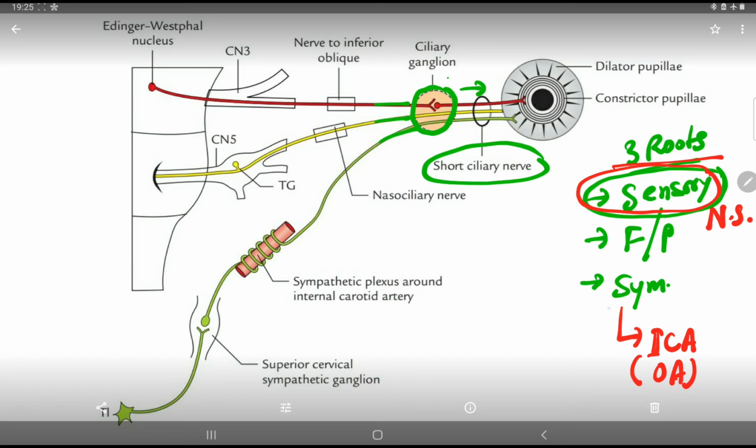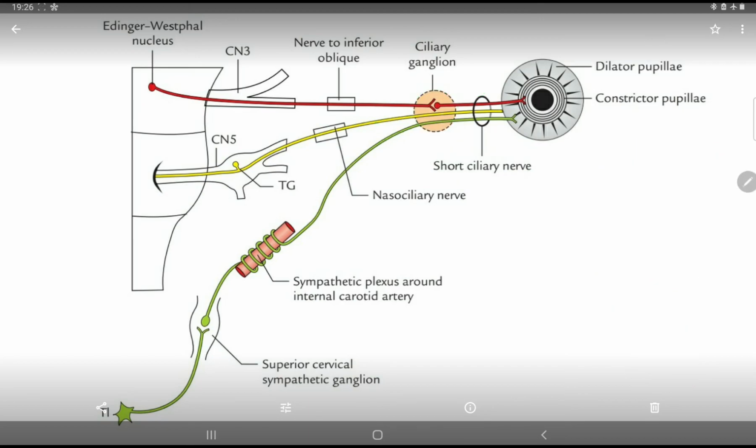The sympathetic plexus from the ophthalmic artery also comes into the ciliary ganglion as an input. And the parasympathetic input is the third cranial nerve, the oculomotor nerve. The parasympathetic fibers run with the oculomotor nerve, coming from the Edinger-Westphal nucleus. All right, so let's discuss these things now.